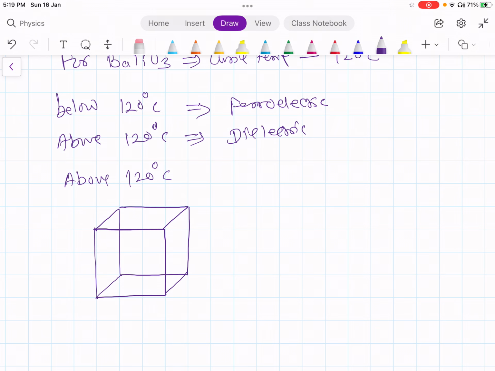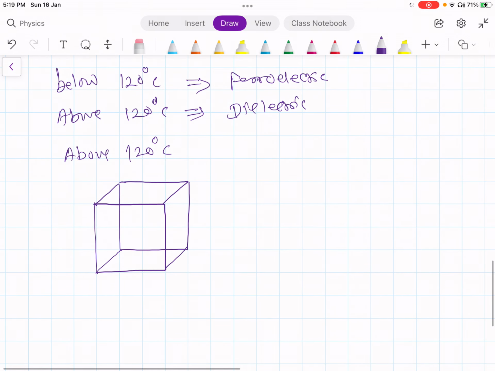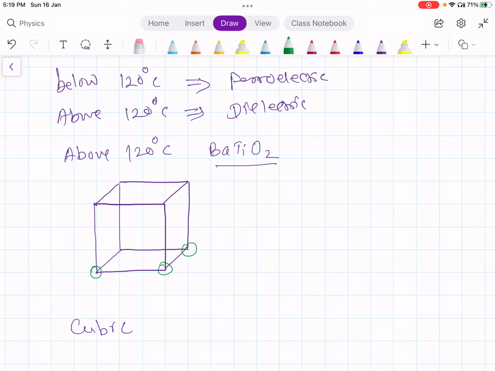And above 120, it is cubic. In this, I am going to show the atoms. Now there is barium atom, titanium, and oxygen. So here the barium ions occupy all the corner positions. So these are the barium ions.